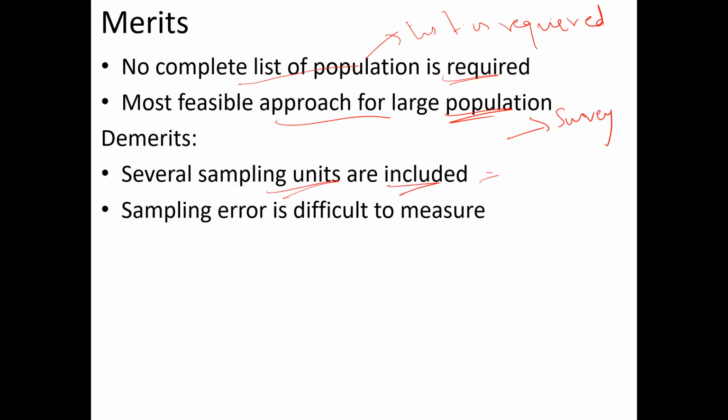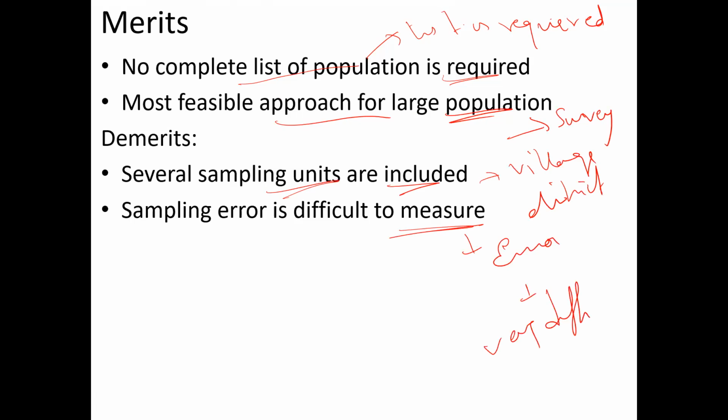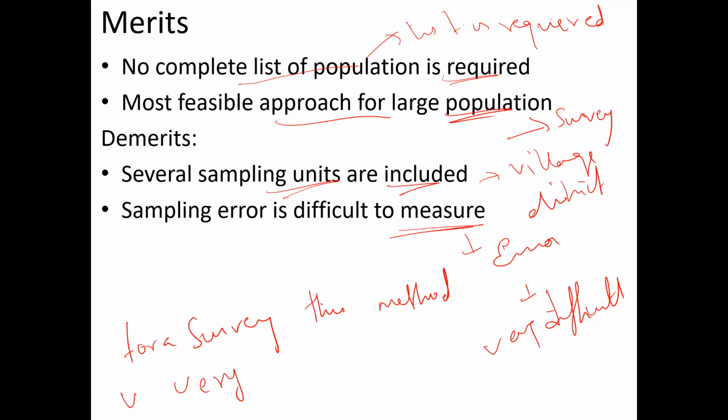Obviously villages, districts, states, all these are sampling units. Sampling error is difficult to measure. When there is an error, it is very difficult to measure. But there is no choice for a survey. This method is very applicable. Got my point.